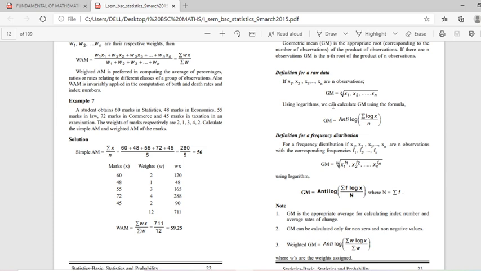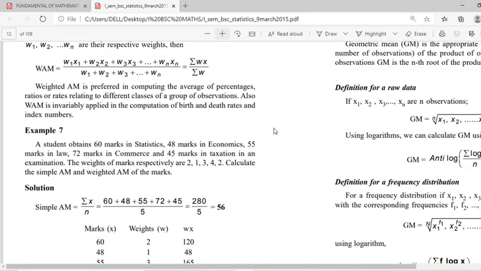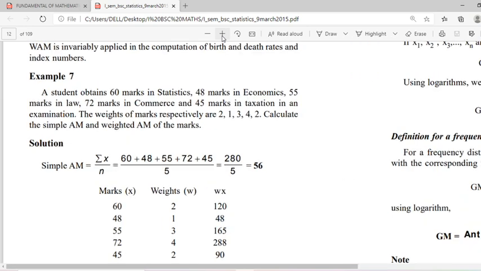A student obtained 60 marks in statistics, 48 marks in economics, 55 marks in law, 72 marks in commerce, and 45 marks in taxation in an examination. The weights of the marks respectively are... sometimes you can see credits. Credit is actually a weight.